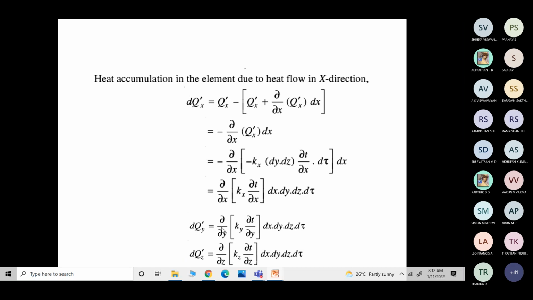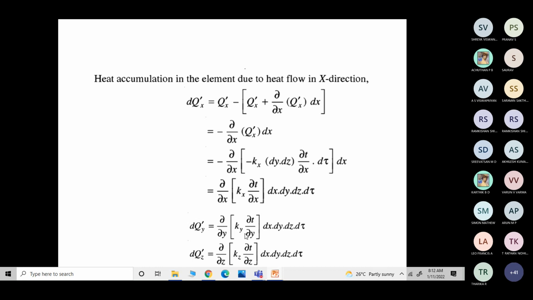And when you include this ∂/∂x inside, what happens here is ∂²T/∂x² into kx into dx dy dz dt. And when you include this ∂/∂y inside, ky into ∂²T/∂y², and when you include this ∂/∂z inside, then kz into ∂²T/∂z².